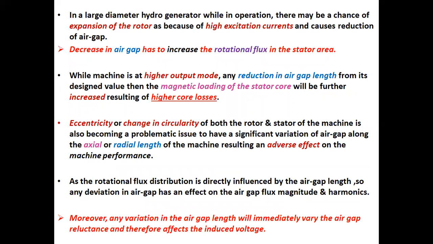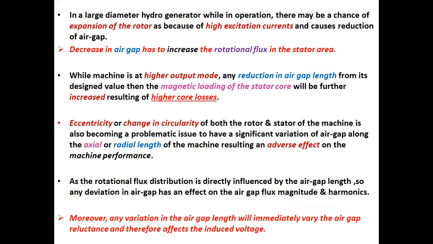In a large diameter hydrogenerator in operation, there may be a chance of expansion of the rotor because of high excitation currents, which causes reduction of air gap. A decrease in air gap increases the rotational flux in the stator area.